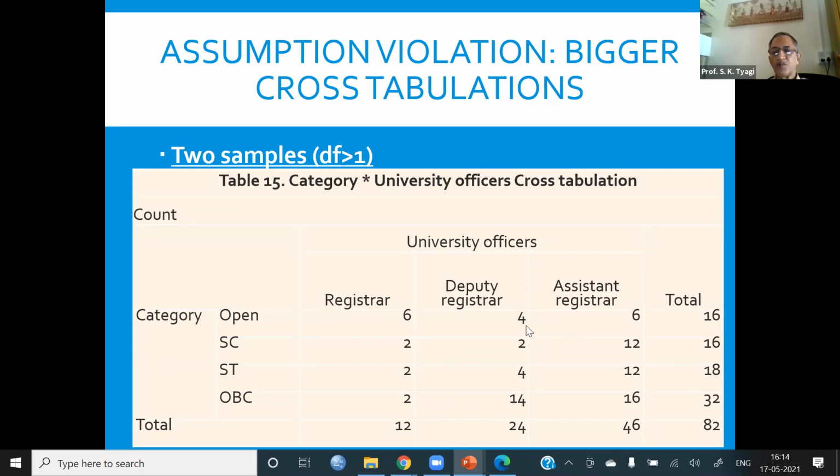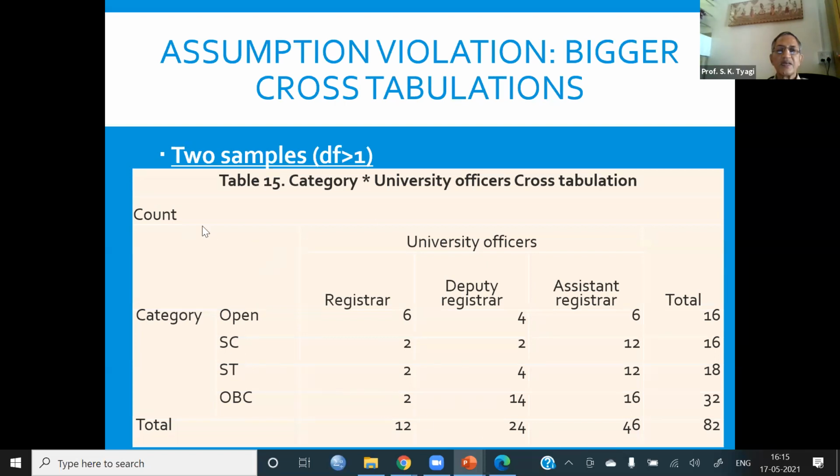But then in each university, sometimes there are 2 or 3 others. So the number of deputy registrars is 24 and the number of assistant registrars is 46. Open category officers are 16, SC are 16, total ST are 18 and total OBC are 32. So these are 82 officers. This is the data.